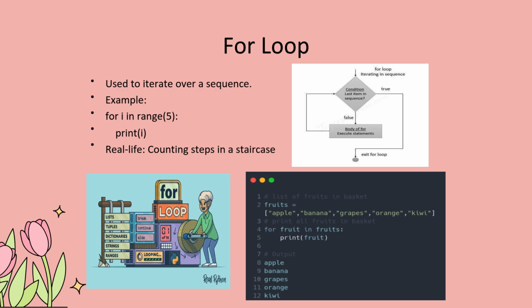To sum it up, the for loop is structured, predictable, and perfect for counted repetition. It's commonly used when working with collections or ranges, and it helps you avoid writing the same lines of code again and again. In the next slide, we will explore the while loop, which is more flexible and keeps looping as long as a condition stays true.